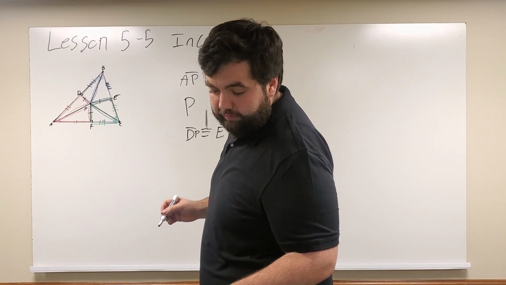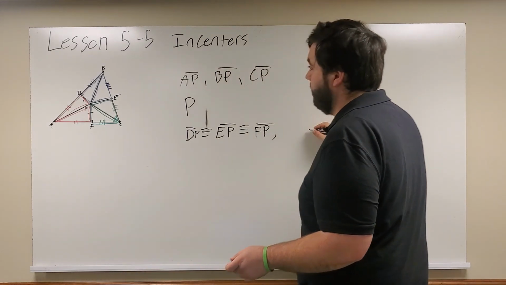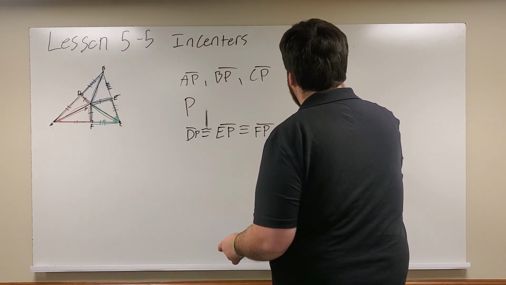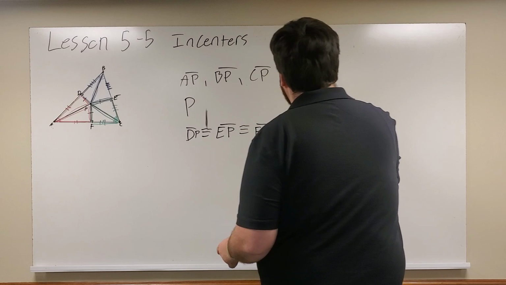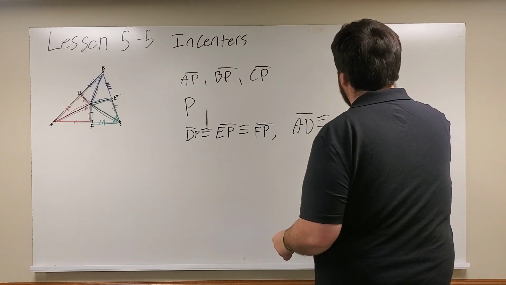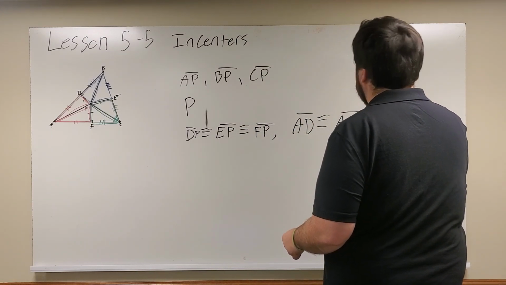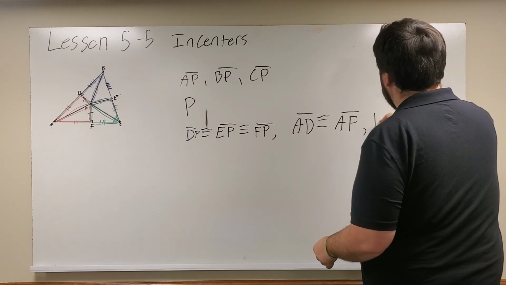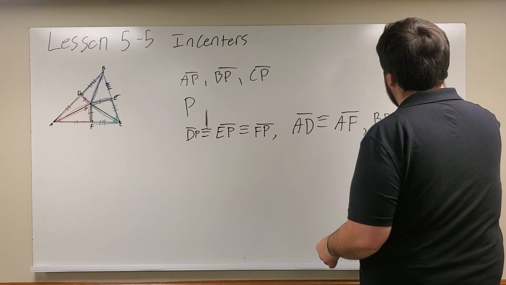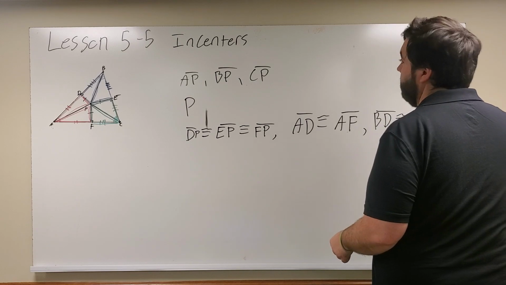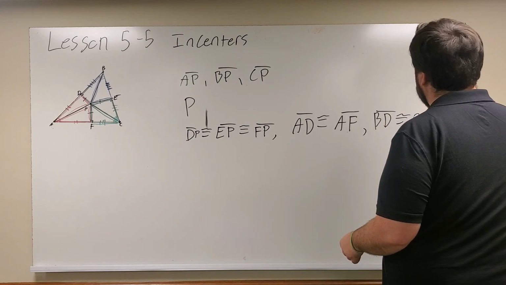Then we have AD is congruent to AF. BD is congruent to BE.